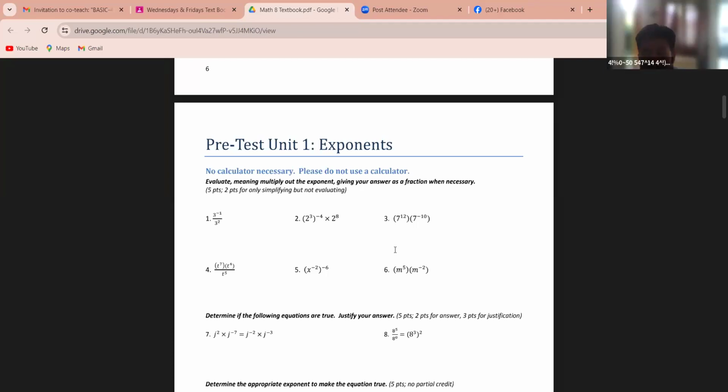Because M with exponent of 5, it becomes M5. M5, yes. And then M with exponent negative 2, yes. Oh, I was so wrong. Sorry. The answer was B, because look at the sign. We have different signs.